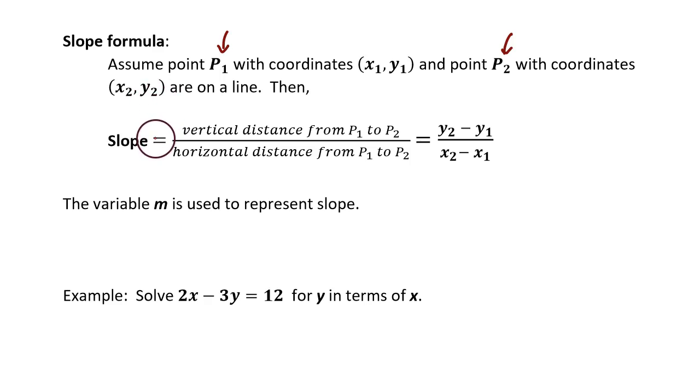Then we can find the slope, rise over run, by subtracting the y-coordinates and subtracting the x-coordinates. Hopefully that looks familiar to you from Algebra 1 class. The letter m is used to represent slope. And so the formula for slope is m equals y2 minus y1 divided by x2 minus x1.